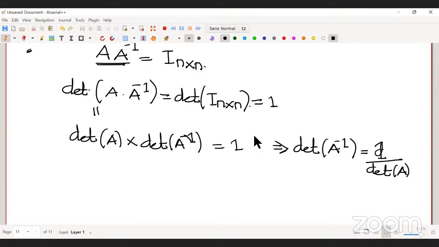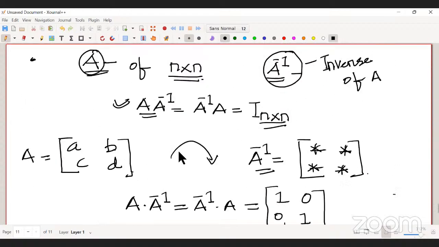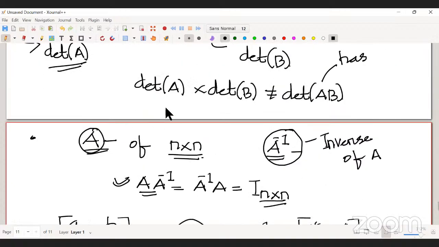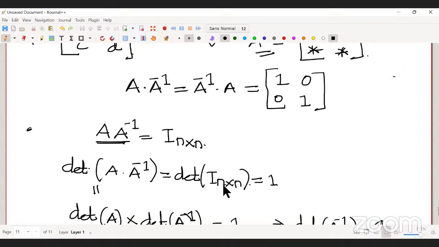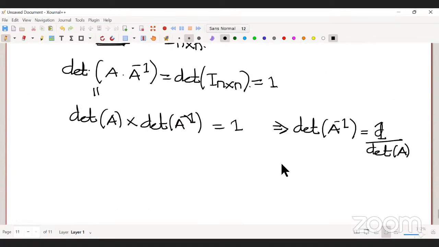Once I know one thing, I can tell about the other. Okay, clear? You'll see how to find the inverse of a matrix probably in the next week. But one consequence of this property is that if you know the determinant of a matrix, you can tell about the determinant of its inverse, and if you know the determinant of the inverse, then you can talk about the determinant of the matrix.